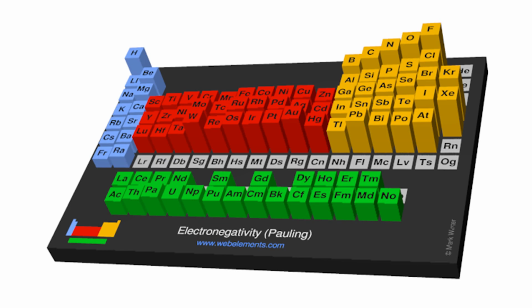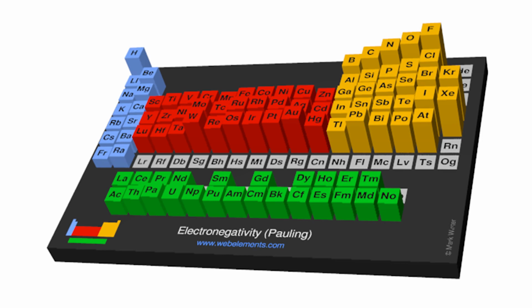So we have the periodic table as it's laid out, but on the third axis, like a height axis, the height of each one of the elements is raised to the degree of its electronegativity value. So what you see is the most electronegative element out there is fluorine in the upper right of the periodic table.